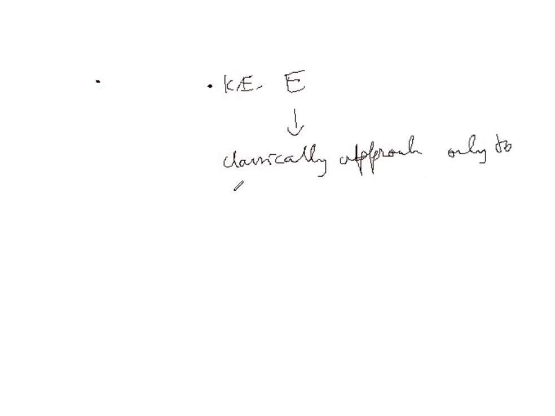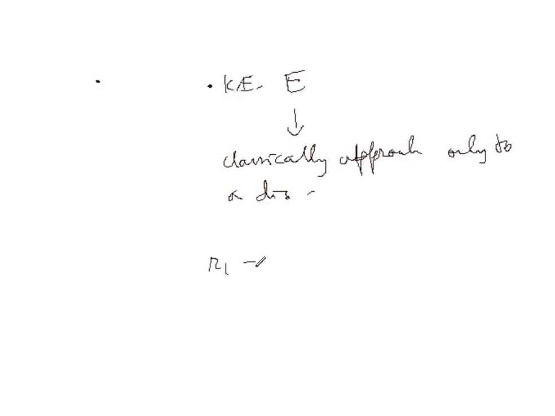So, okay, let me write it down. As I was saying, now in the reference frame of one of the particles, the other particle with kinetic energy E can classically approach only to a distance, and you know this distance.